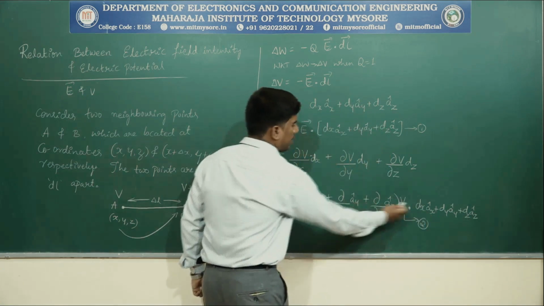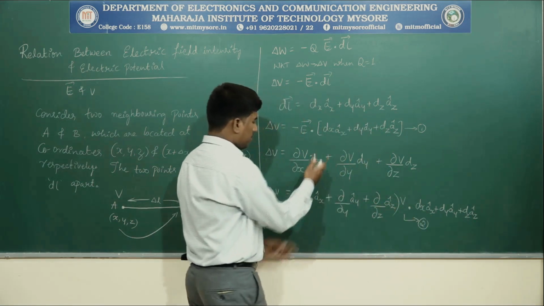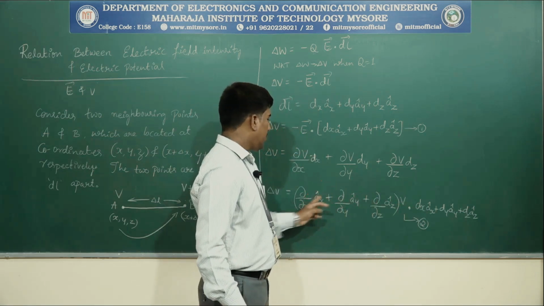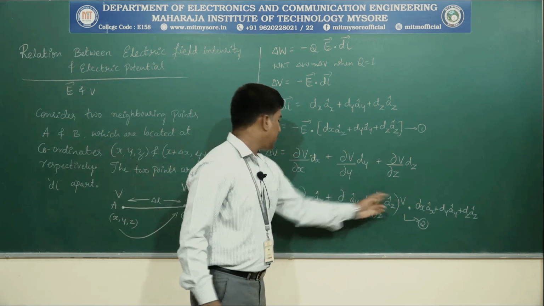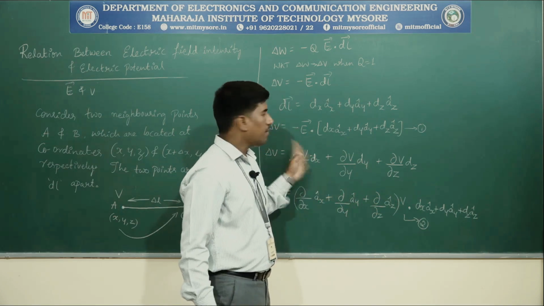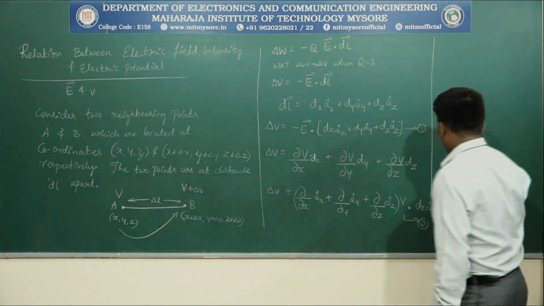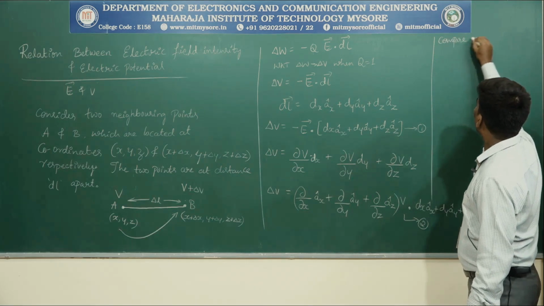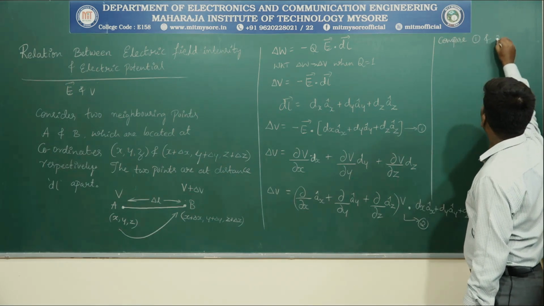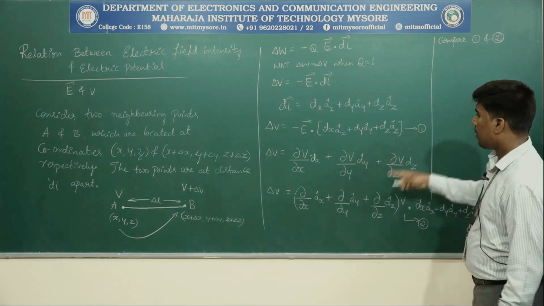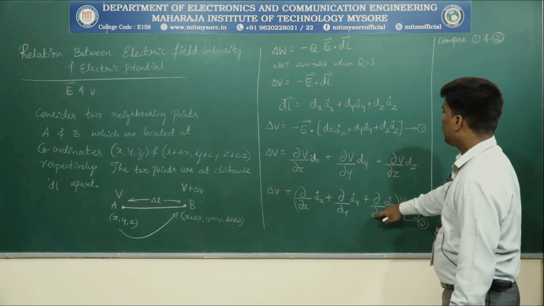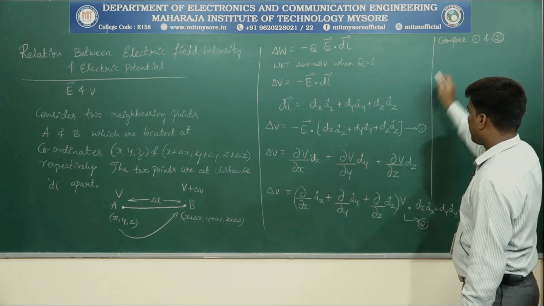See, if I take the dot product between these two, we are going to get the same equation. a_x dot a_x is equal to 1. Then dx is going to multiply, V comes here, then the same equation comes. Now compare equation 1 and 2, because the LHS is the same for both. If we compare these two, what are we going to get?